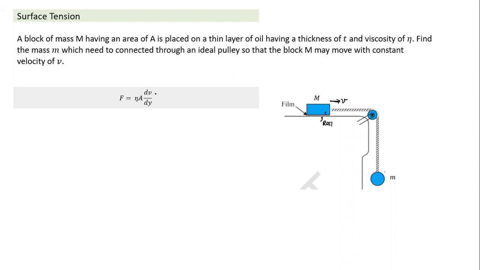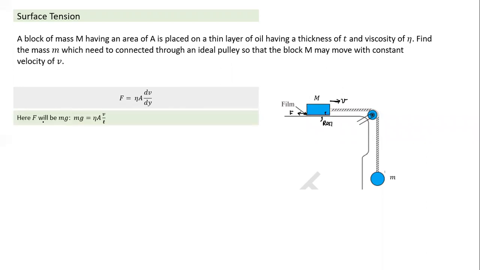Delta V by delta Y, and delta Y will be equal to the thickness here. So we get velocity gradient equal to V by T. That's the only thing. So what force needs to be exerted? The liquid will exert an opposite force on the block. The force exerted by the liquid when the block is moving with velocity V will be equal to eta times A into dV by dy.